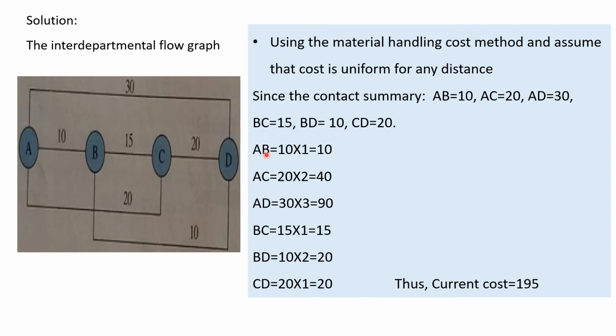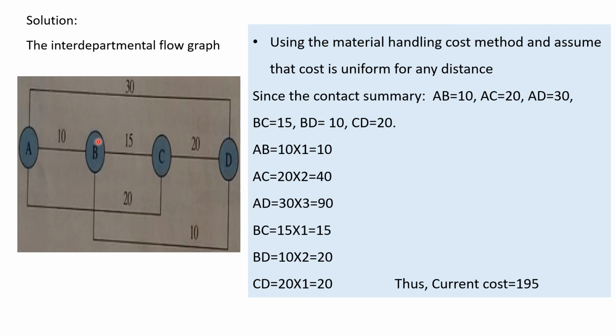So A and B are located side to side, so the cost is 1, times 10, that is the frequency of contact, so the cost becomes 10. And AC, from A to B 1 unit cost, and from B to C 1 unit, so 2 units. So we have to multiply 20 contact with 2, that is 40.